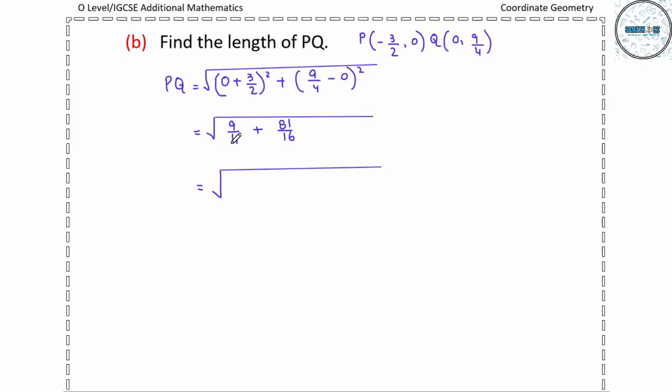You can take out the LCM of 4 and 16. So we need to multiply this by 4, this by 4. So this will be 36 plus 81 upon 16, which is equal to 117 upon 16.